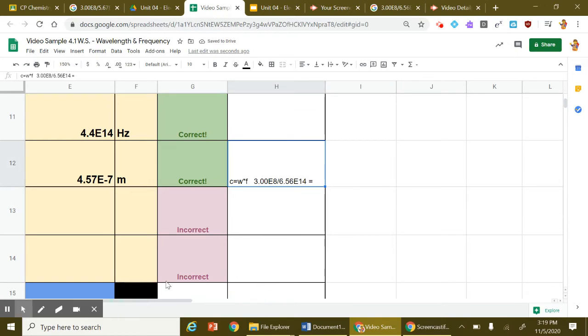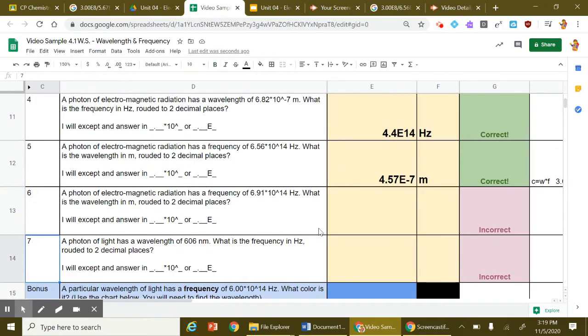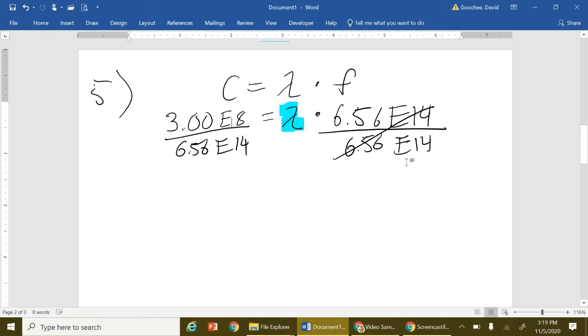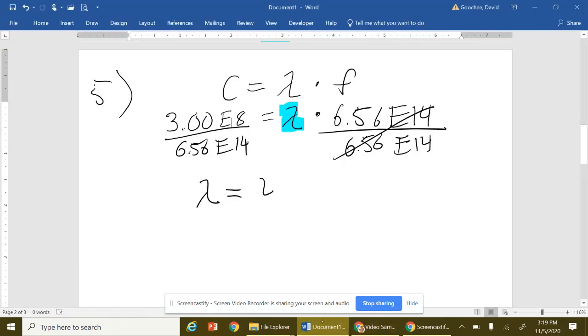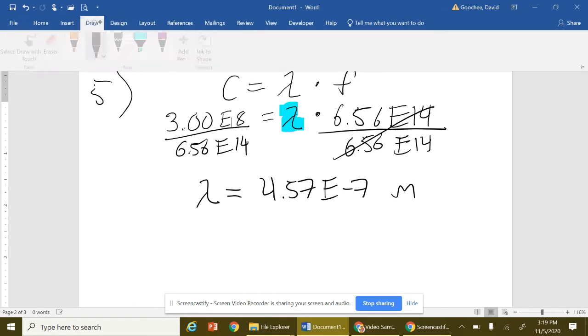But you do want to be working out the full work like I'm doing until you get a good handle on things. So let me make sure I write this in here. Wavelength equals, and my memory is terrible, so what did I say? 4.57 times 10 to the negative 7 meters.